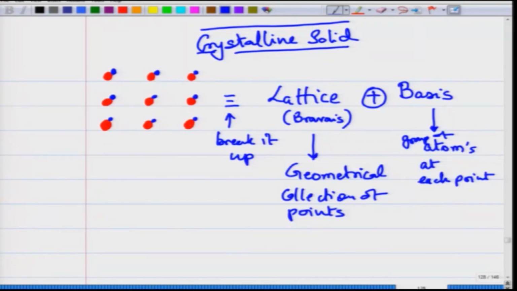So, what is the lattice corresponding to this collection of atoms which are periodically arranged? One way to define the lattice, which is a geometric collection of points associated with this periodic arrangement of atoms in space, is, say, let us take a point here. Let us take the geometrical point which is sitting here. This is one way of defining the lattice point. So, for this collection of atoms, I can consider the geometrical arrangement of points as just the points which are sitting between these two atoms.